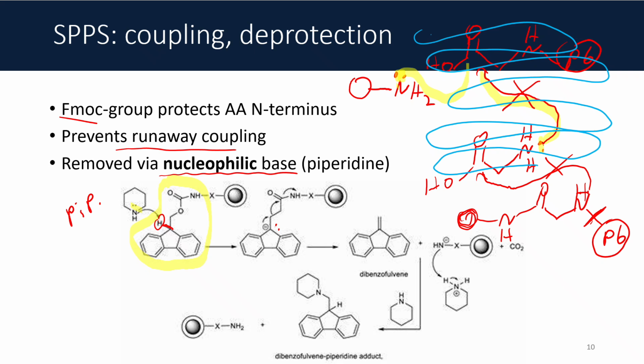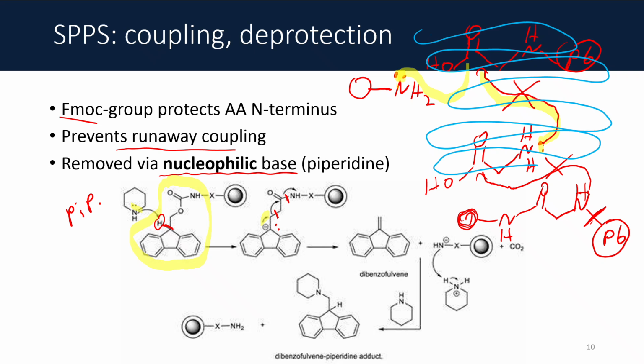However, that lone pair is able to also fall down like this, form a double bond there, and it will break this bond, and that causes this bond to also break.